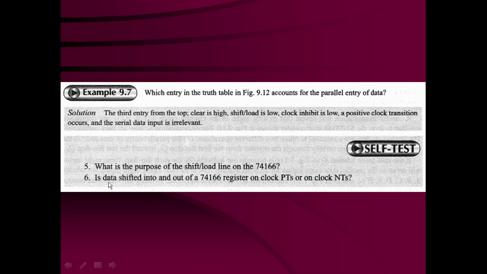Data is shifted into and out of the 74166 register on a clock positive transition because it is inverted, because of the presence of the NOR gate in the clock inhibit mode. Actually the flip-flops are negative edge triggered, but the clock passes through this inverter and hence they respond on a positive transition of the clock pulse.